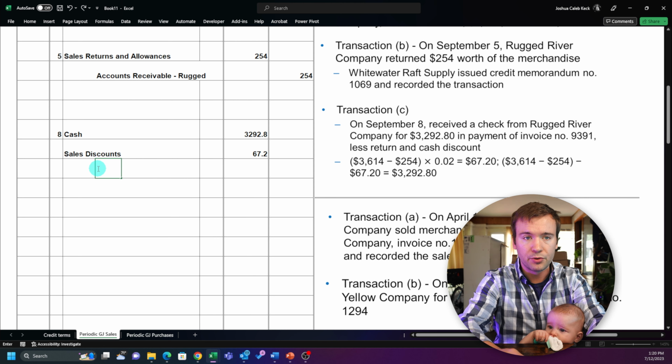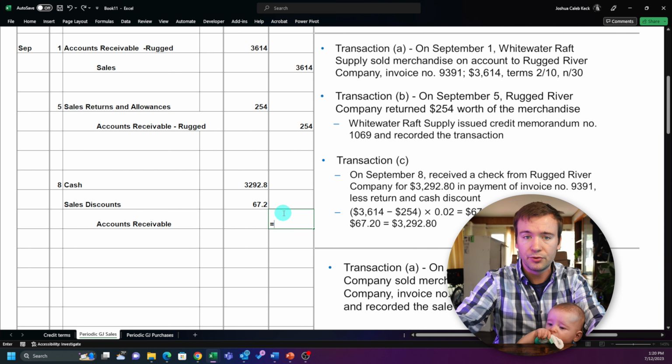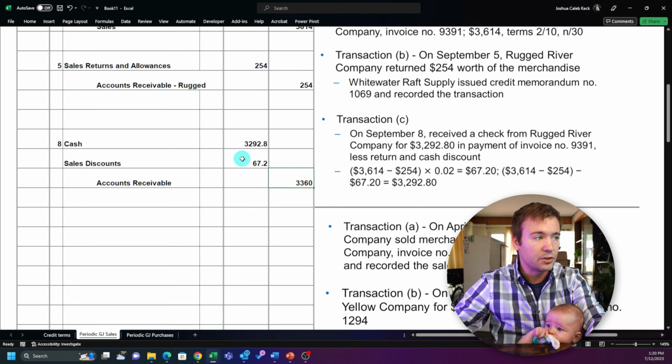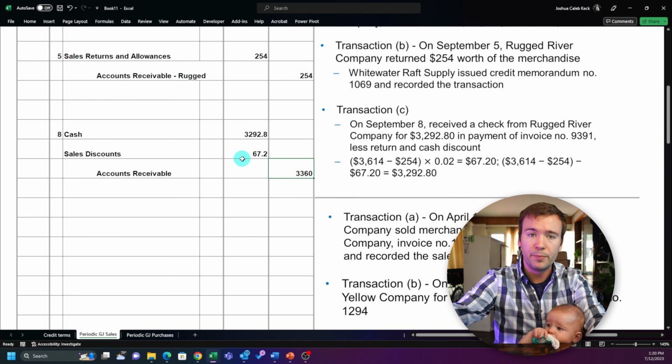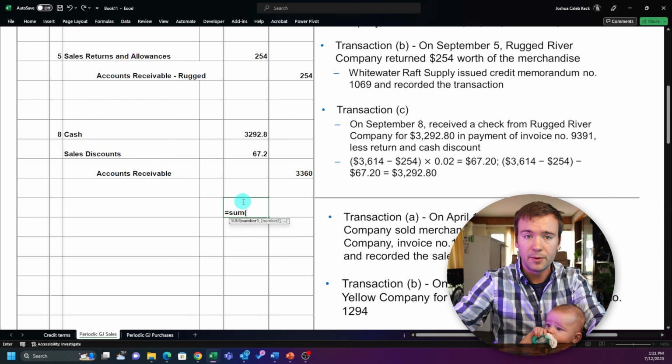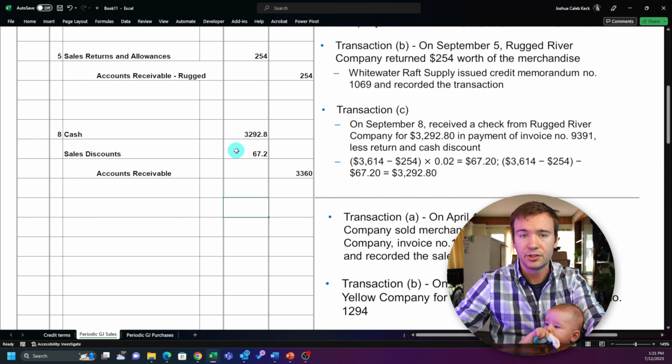And then we're going to credit our accounts receivable for the full balance that was due. So it would be that $36.14 minus the return of $254. That gives us a balance of $33.60. And so that will be a credit to AR to relieve all of that. And just to make sure that we're in balance, I can add up our cash and our sales discount, and I'll get $33.60. So everything's good there.